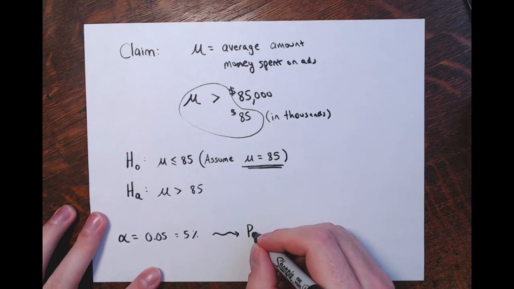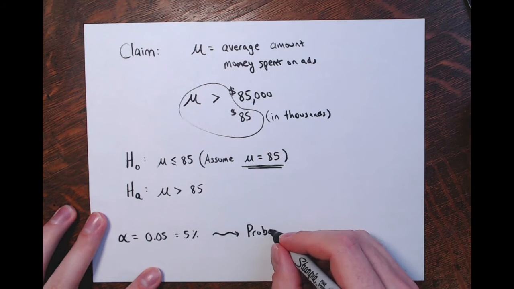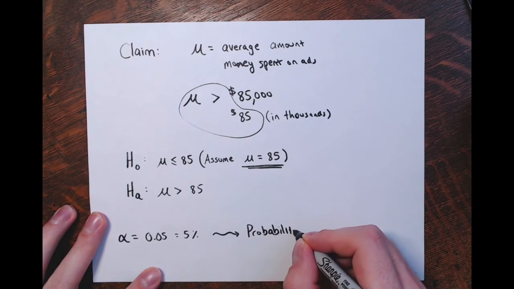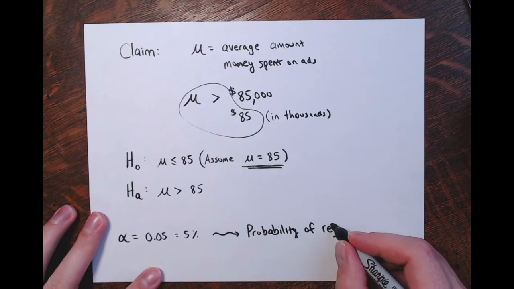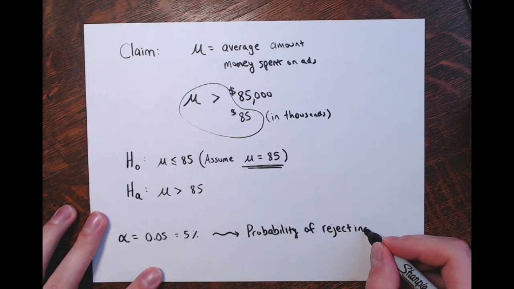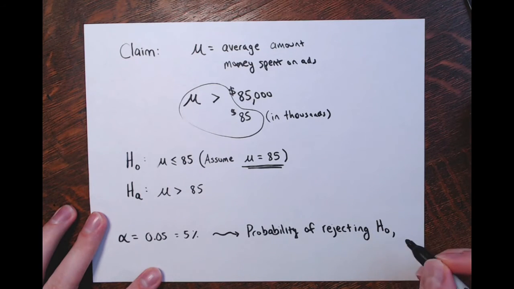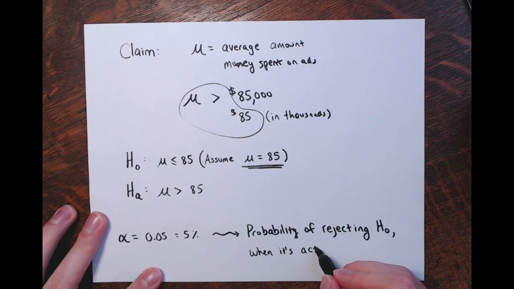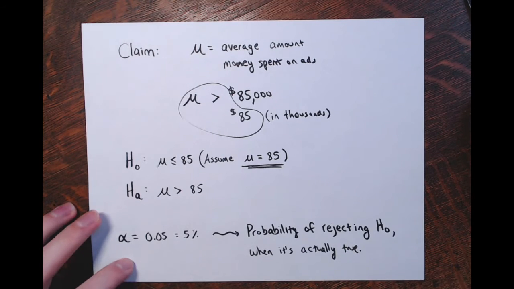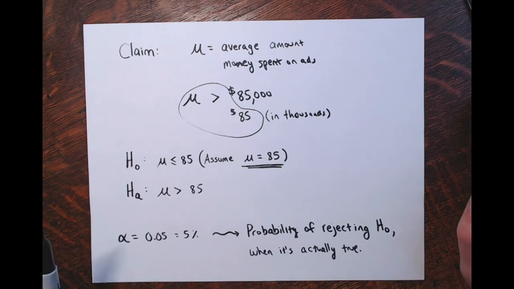This is the probability of rejecting the null hypothesis when it's actually true, when you shouldn't have rejected it. So it's another way to interpret this alpha.